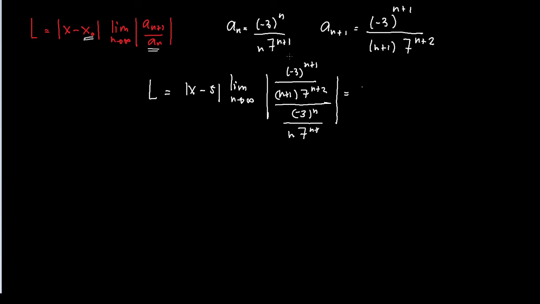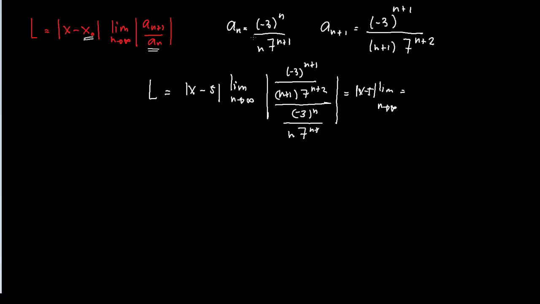So we will do just that, but first let us copy this one and then multiply by the limit as n approaches infinity. Looking at the numerator, it's going to be negative 3 raised to n plus 1 divided by negative 3 raised to n.